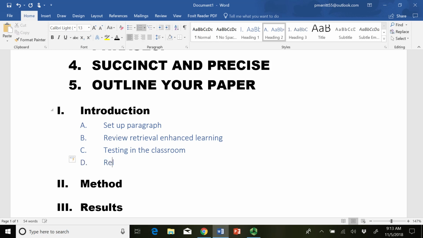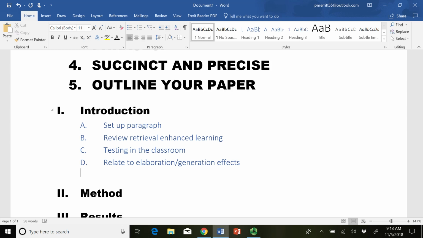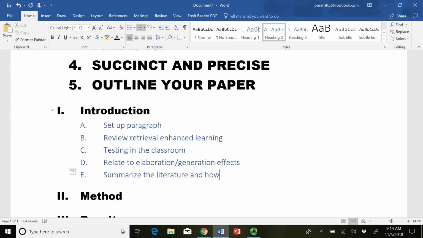Maybe you'll relate to elaboration, generation effects. Then we'll get down to the last couple of paragraphs, again a quick summary, where you summarize the literature and how it relates. And then maybe in your final paragraph, it's your hypothesis statement.